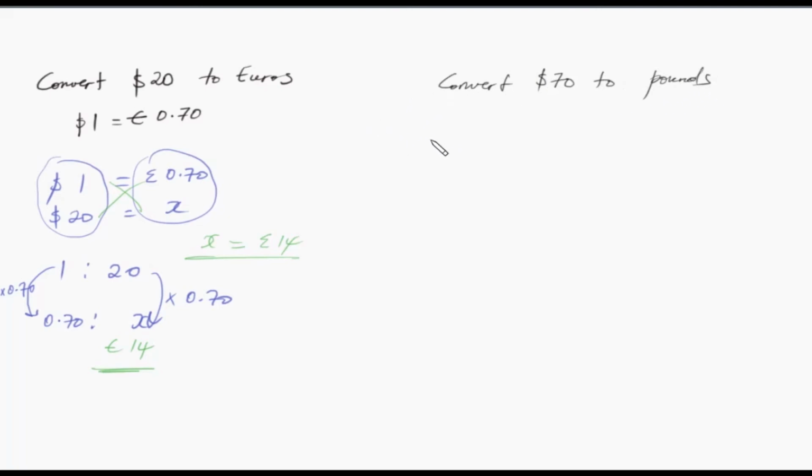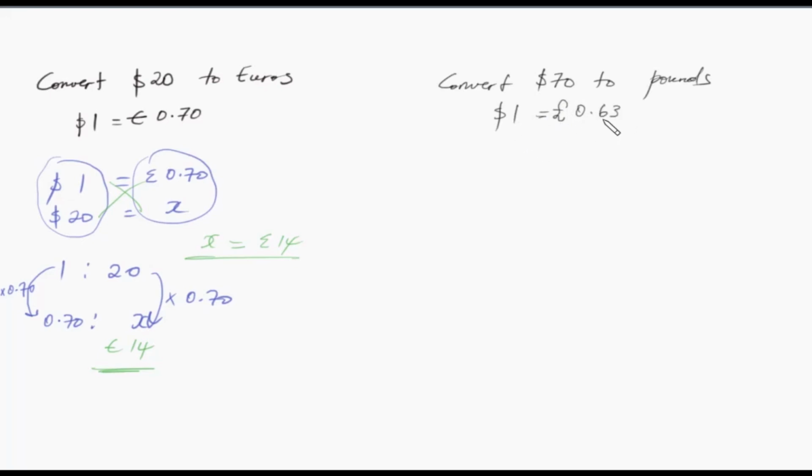What do you do? You cannot convert unless you have the standard conversion. Okay. So let's say $1 equals to Great Britain pound is equal to 0.63 pounds.